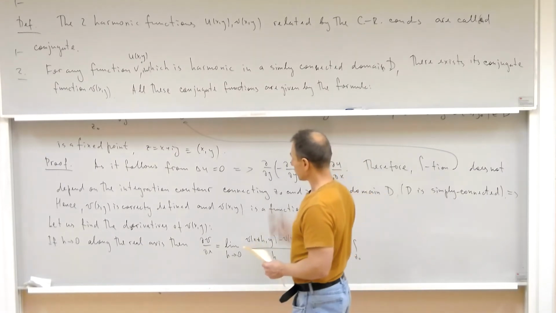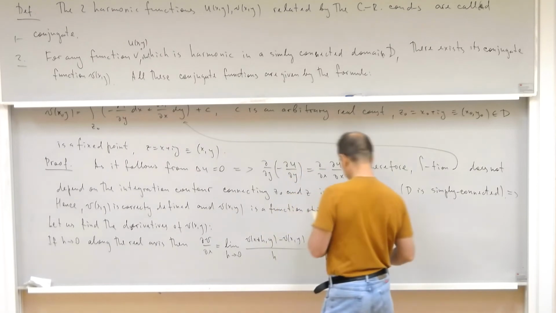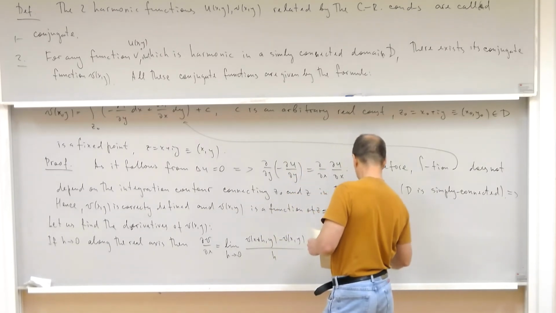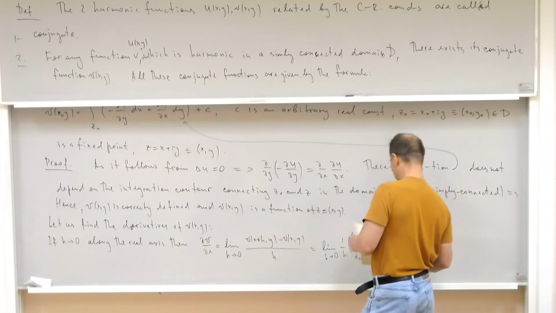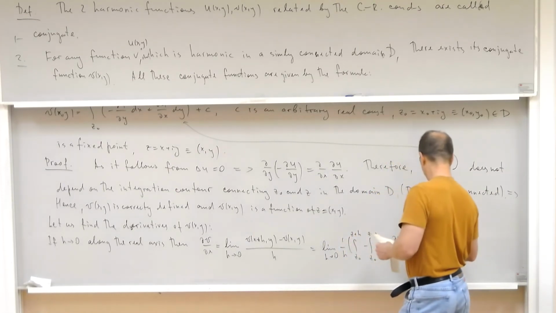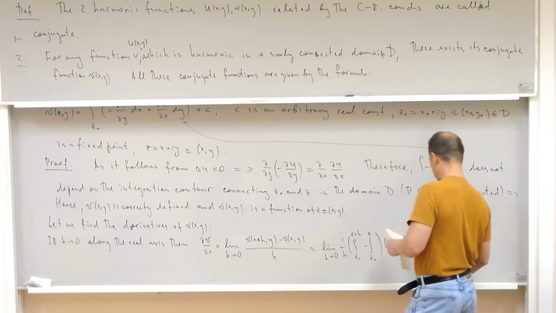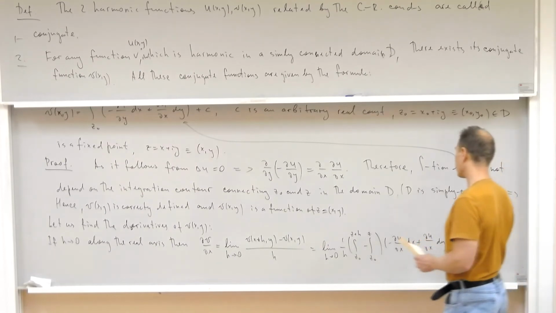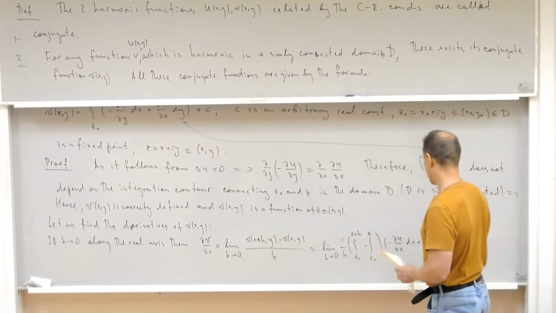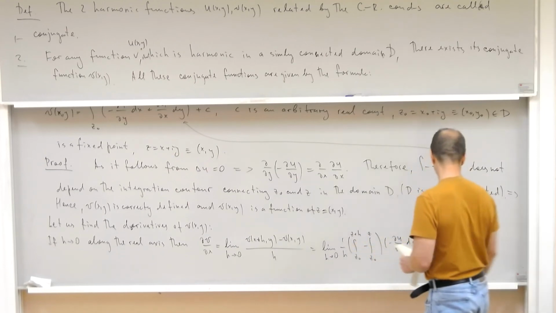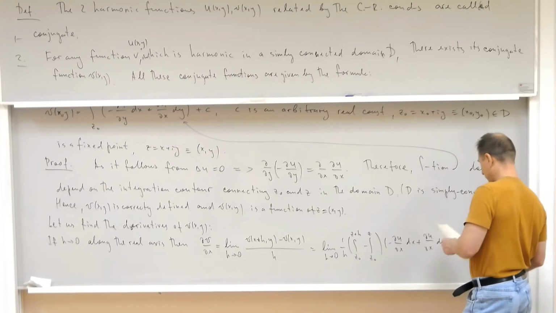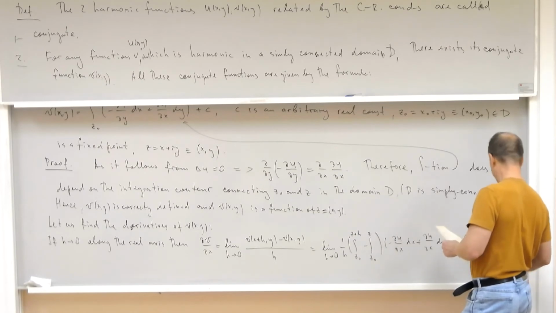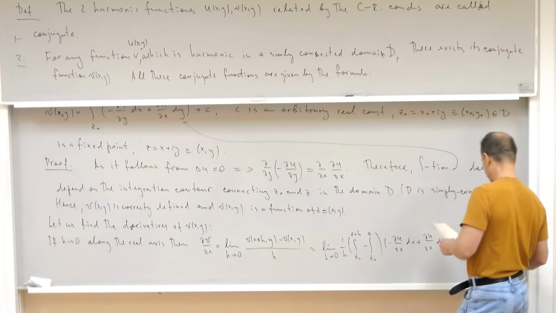Then we write the derivative of the function v as the formal limit, substituting the definition of these functions in terms of the integral. We have the formal expression.